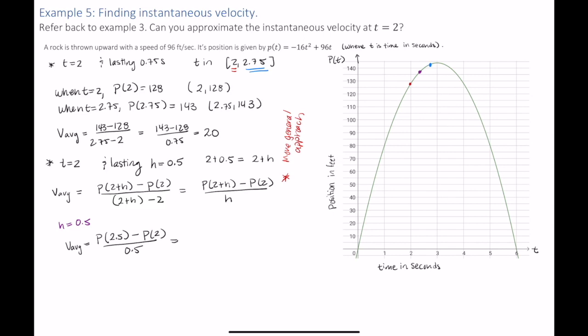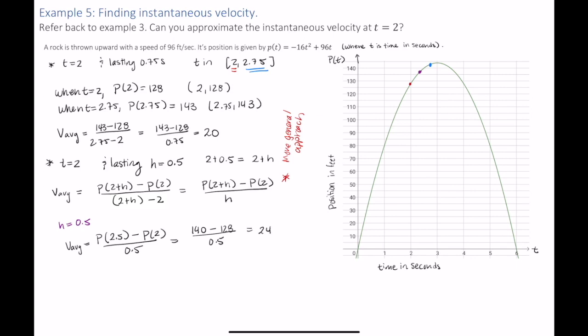And again, please pause the video and try this on your calculator, especially if you think I'm going too fast. We end up with 140 minus 128 divided by 0.5. And that gives us a slope of 24.